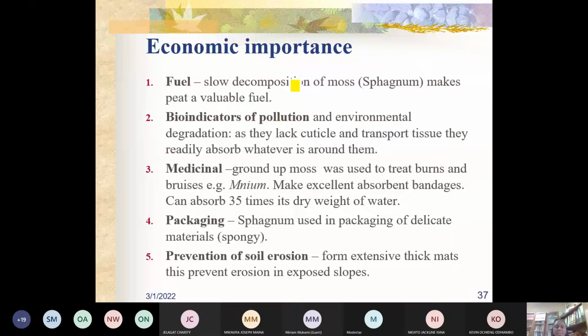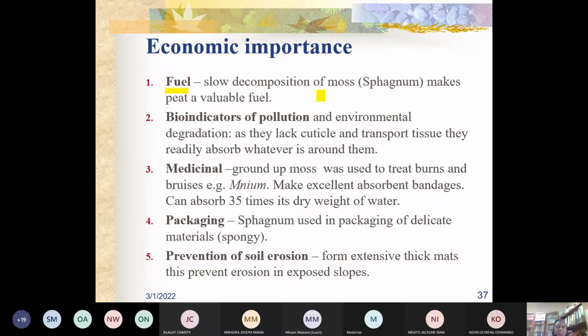Let's look at the economic importance of the bryophytes. This is general, looking from Marchantiophyta all the way to the moss. What are the economic uses? One, they're important as fuel.